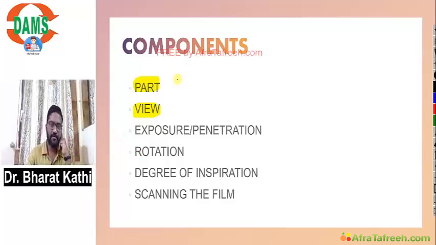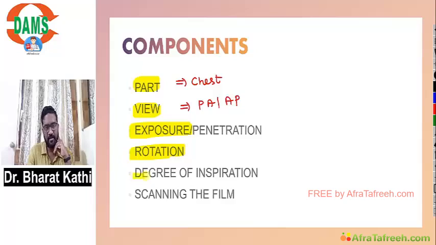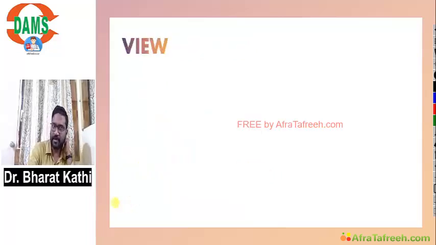View, is it AP or PA view? And what is the exposure? Is it adequately exposed, underexposed or overexposed? Is there any rotation? And what is the degree of inspiration? Is it an inspiratory film or expiratory film? Then you should go to the proper scanning of the film.